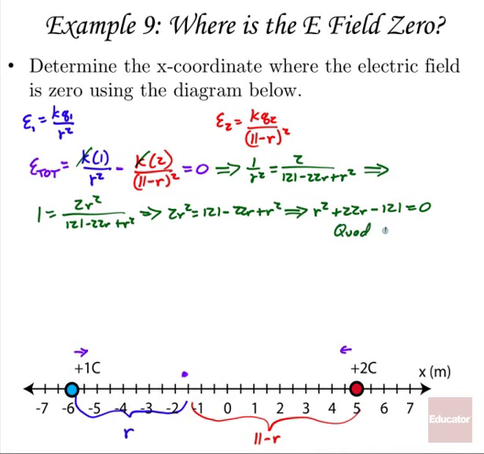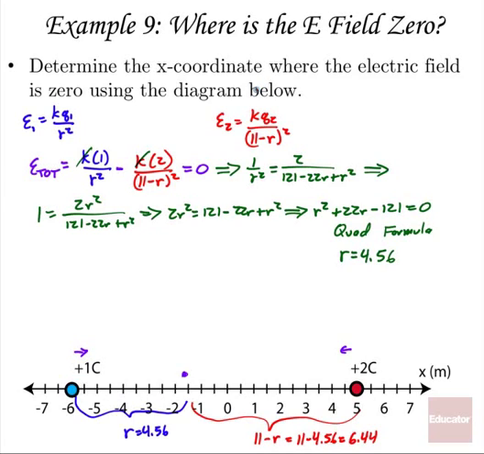Now we can apply our quadratic formula. Some of you have calculators that may do that automatically, or you can go through the work there. And what I find is that I get a value for R of 4.56. It means if this is 4.56, then this distance, 11 minus R, must be 11 minus 4.56, which is equal to 6.44. So determine the x-coordinate where the electric field is 0 using the diagram below.